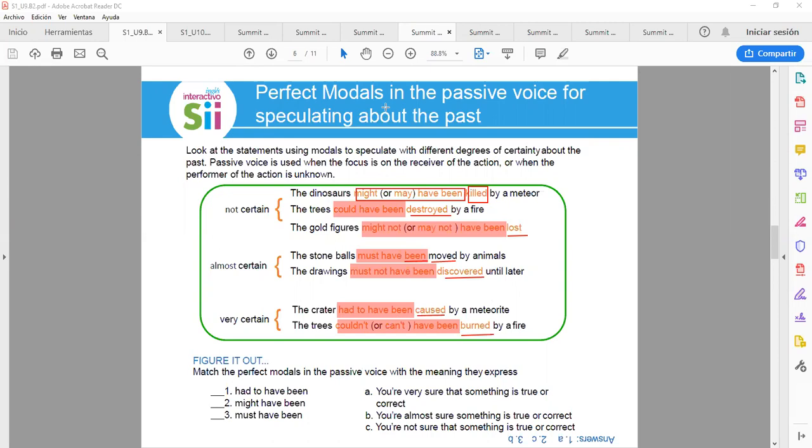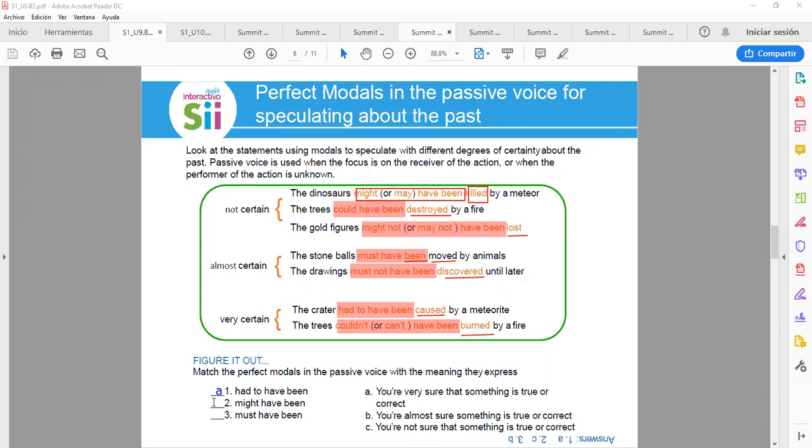Match the perfect models in the passive voice with the meaning they express. Number one, have to have been. Okay, that's true. It is going to be used when you are very sure that something is true or correct.